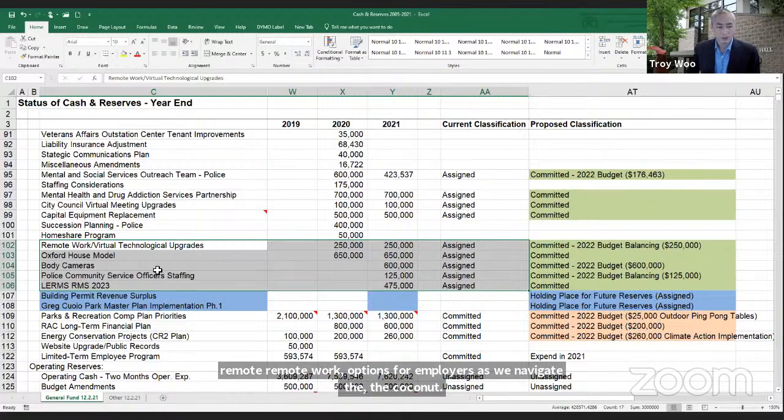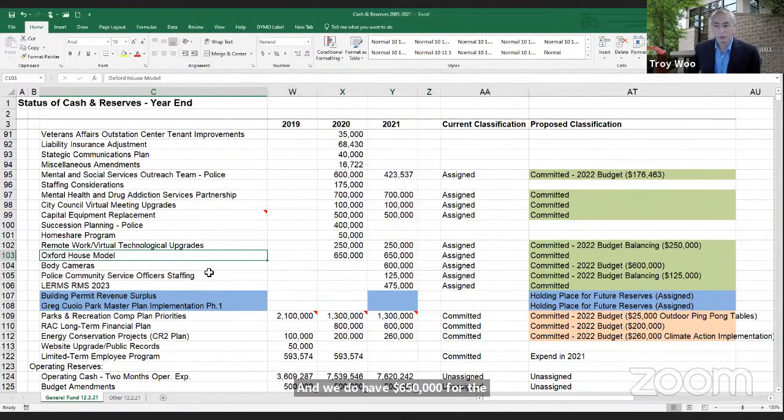And we do have $650,000 for the Oxford House model. Of course, you just discussed that during your legislative discussion at last week's council meeting. So this is a little bit, in terms of operational costs as well as capital, in the event that the city is not successful in receiving state funds for that project.